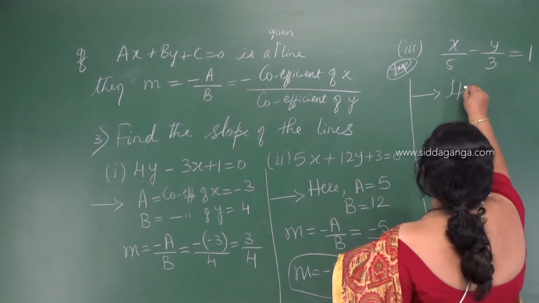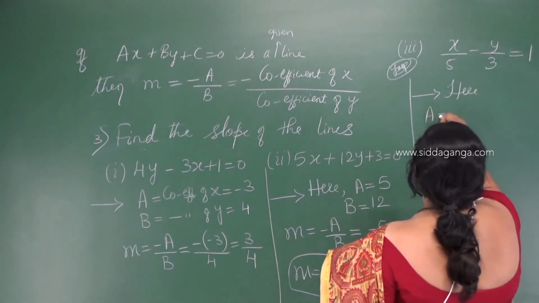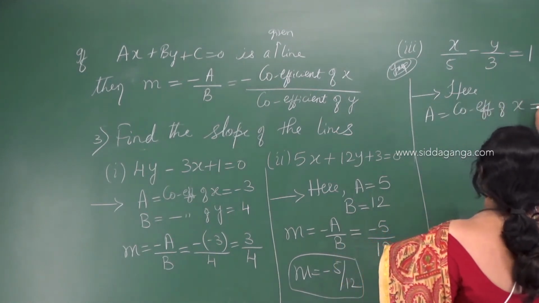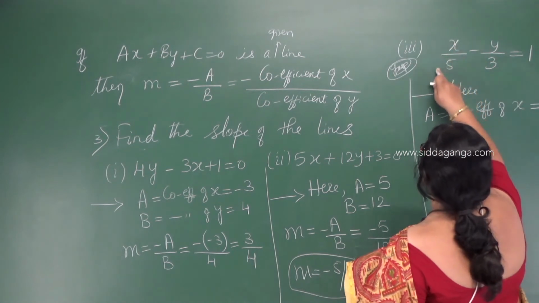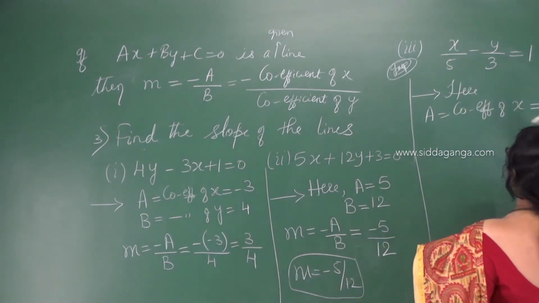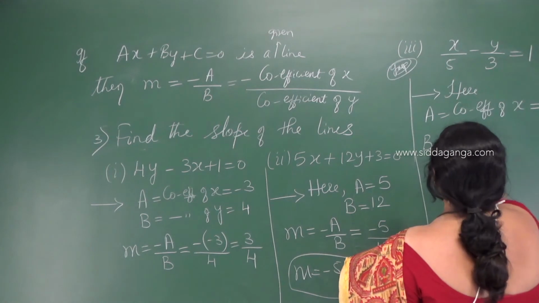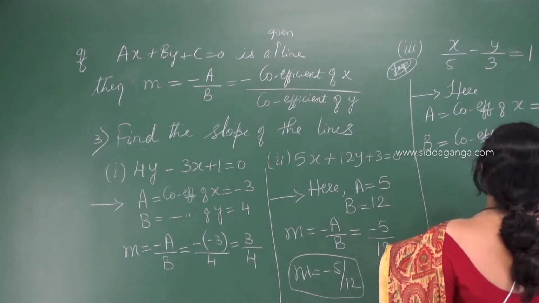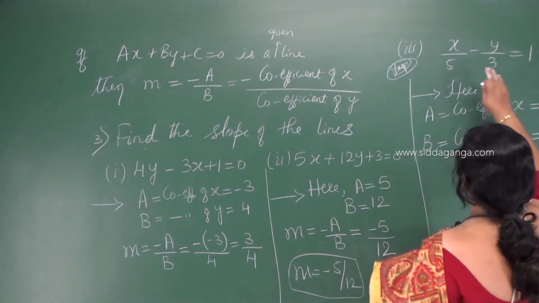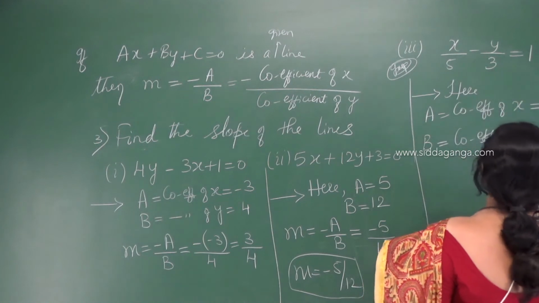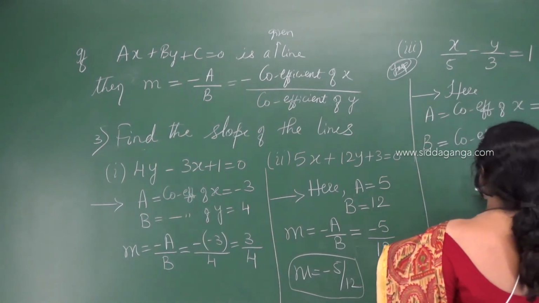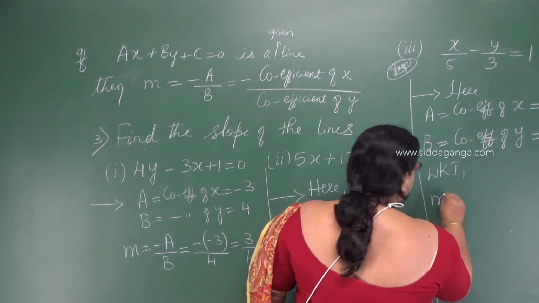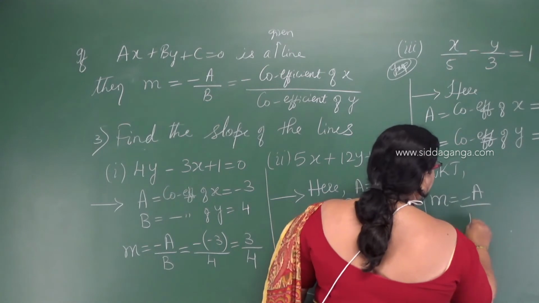So here a is equal to the coefficient of x, which is equal to, taking x outside, 1/5. So its coefficient is 1/5. b is equal to the coefficient of y, which is, we should always consider along with the plus sign and take the answer, minus 1/3. We know that the slope of the line formula is m equal to minus a divided by b.